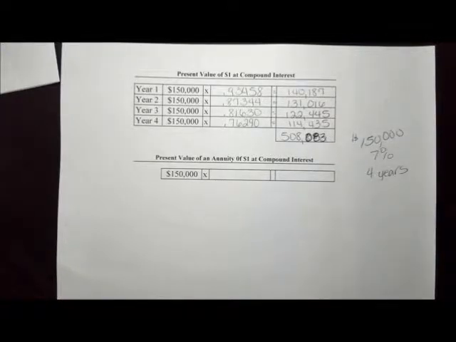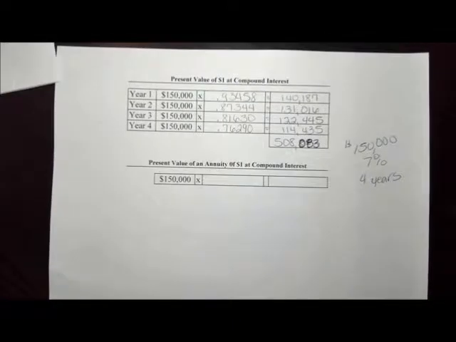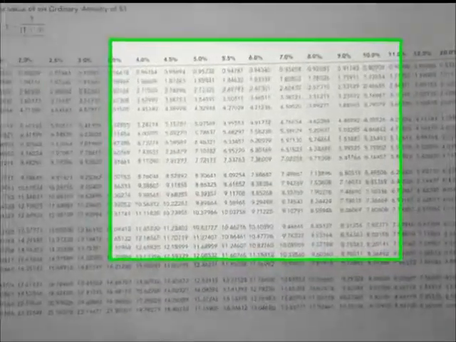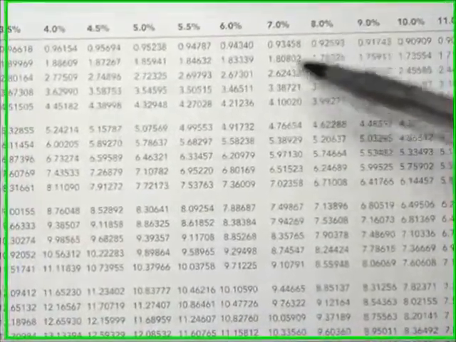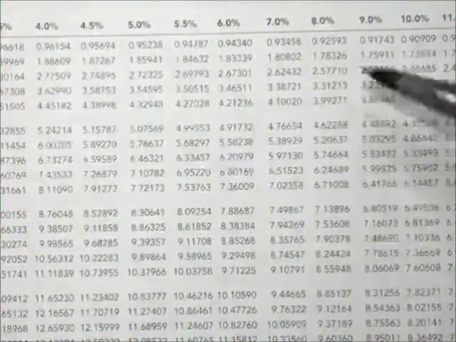There's another way we can look at this information, and that is by looking at the present value of an annuity table using the same factors: $150,000, 7%, 4 years. In this case, we're going to look at the present value of an annuity table. Looks very similar to the present value of $1. However, you're going to notice a difference in the rates that we're going to use.